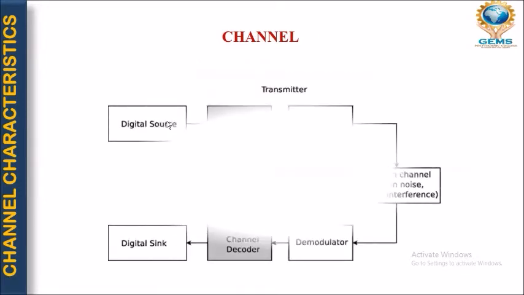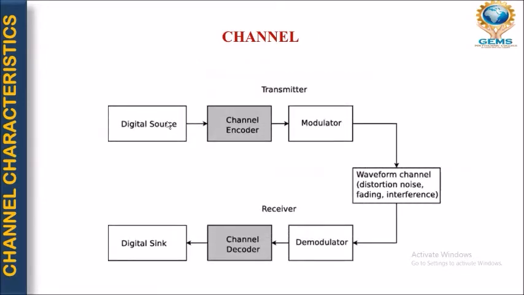Okay, let's talk about the channel. This is the digital source. It wants to pass some information through this channel. The digital source has some information, which is transferred through the channel encoder, and then it should be modulated well.